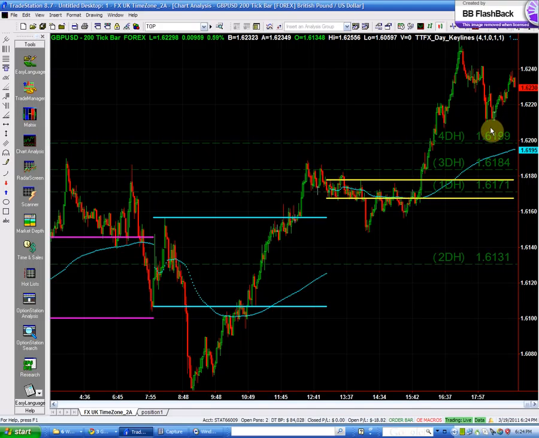So my selling point for the pound is going to be the 161.99. And if I do sell it at 161.99, I'm going to place my stop above the reverse structure, which is going to be the 162.40.